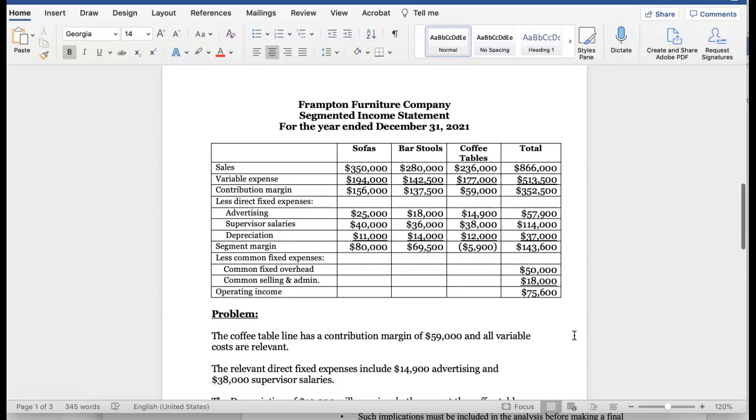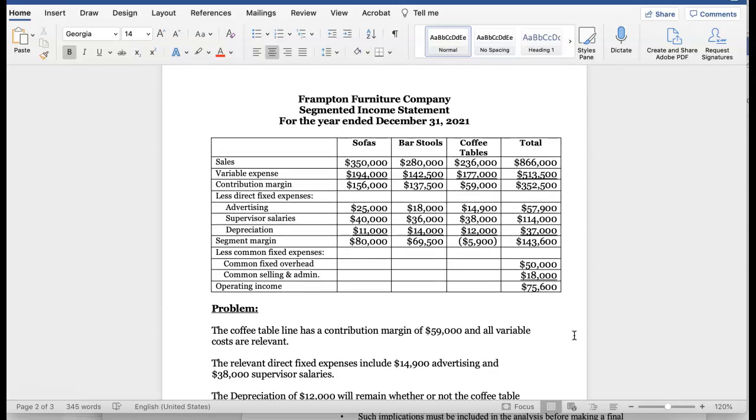This is a segmented income statement for Frampton Furniture Company, and the products for this company are sofas, bar stools, and coffee tables. We have sales minus variable expense equals contribution margin.